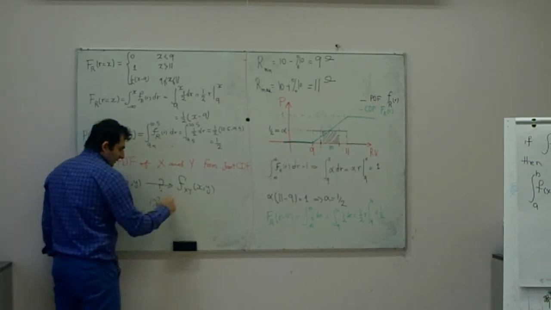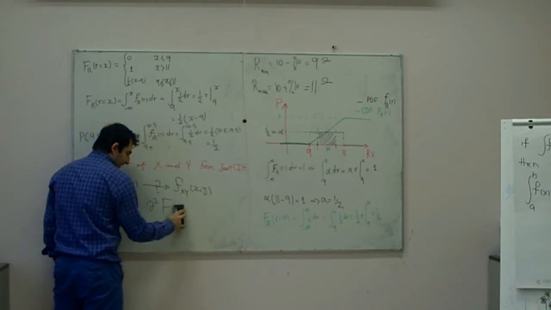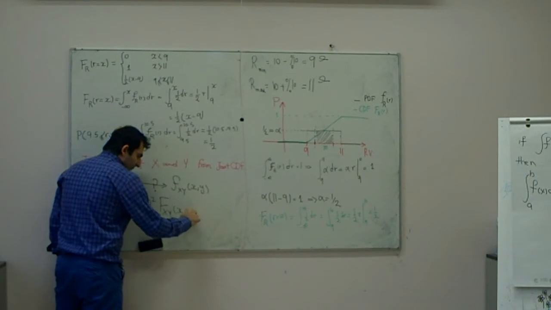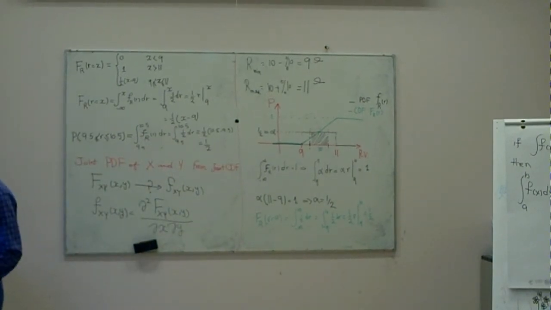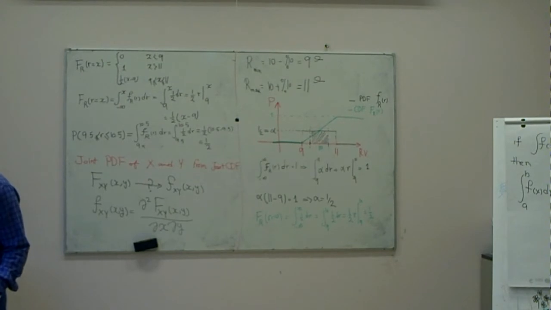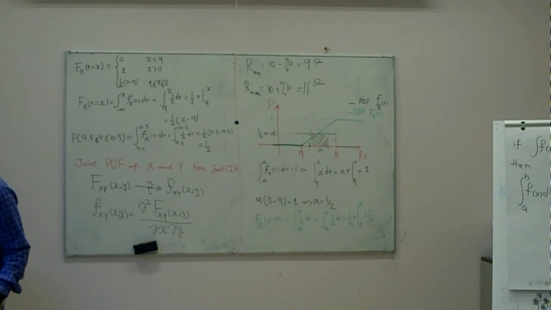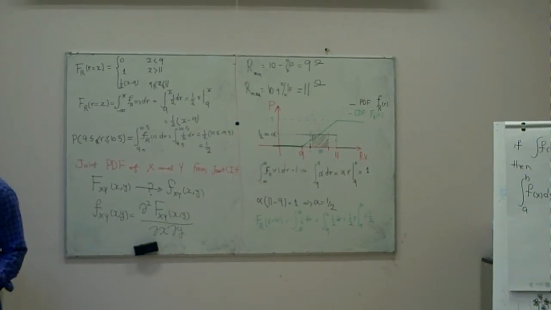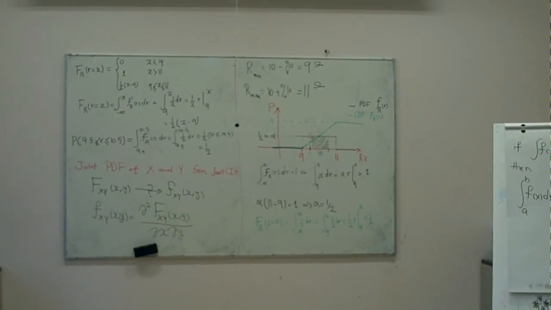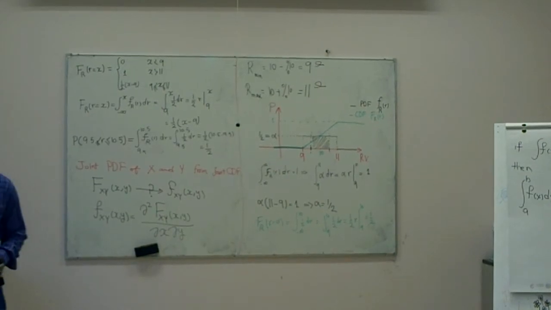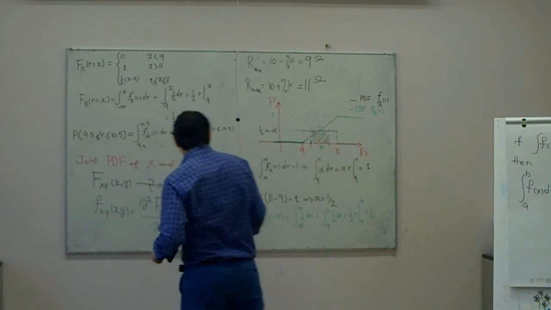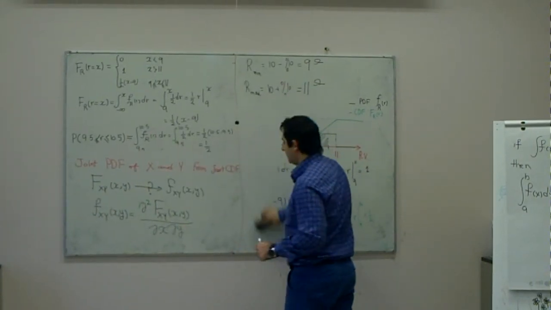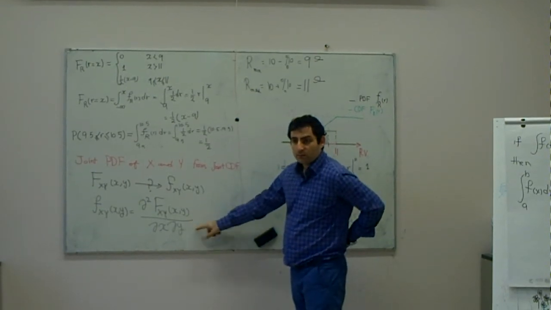And the answer is the probability distribution function of X and Y is the double derivative of the cumulative distribution function, once over X, then over Y. Do you know how to take the double derivative?